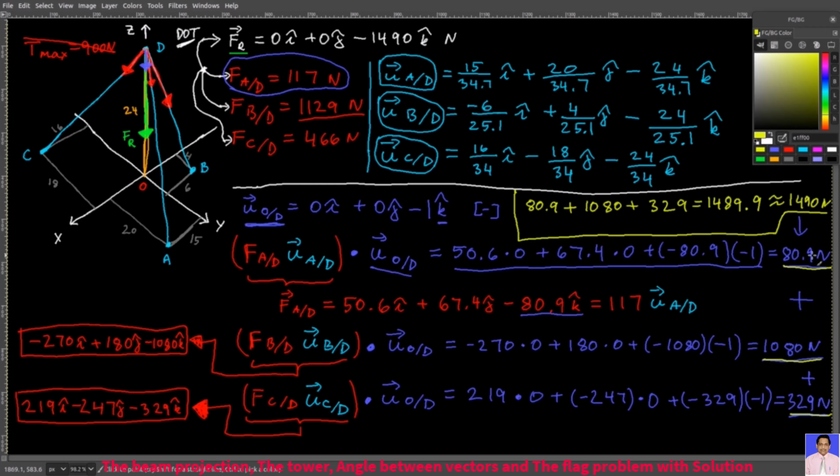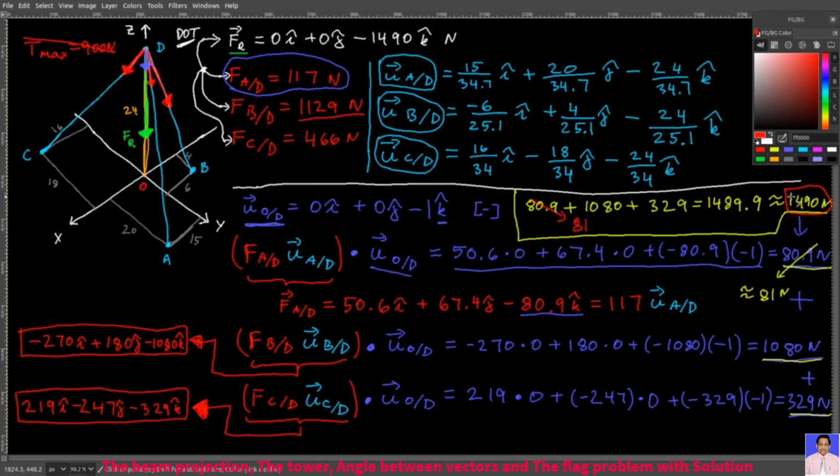So essentially, if I had approximated this one to be 81 newtons, then here I would have had 81, and then I would have received this answer right away. It's just we had some approximations along the way.